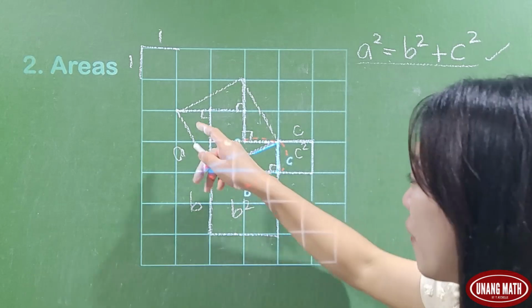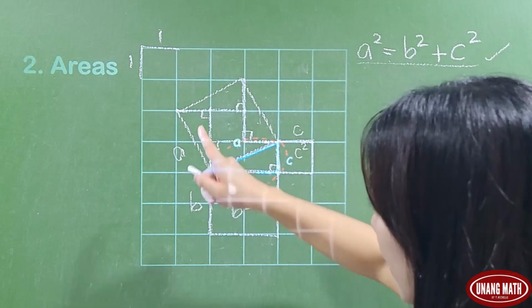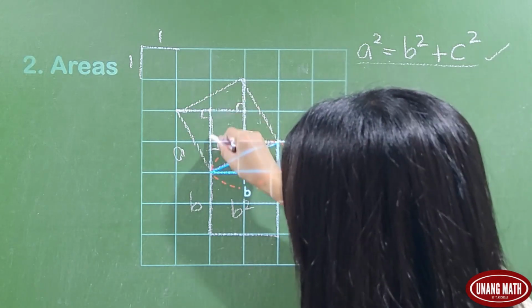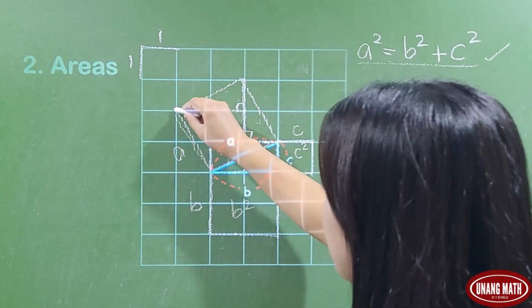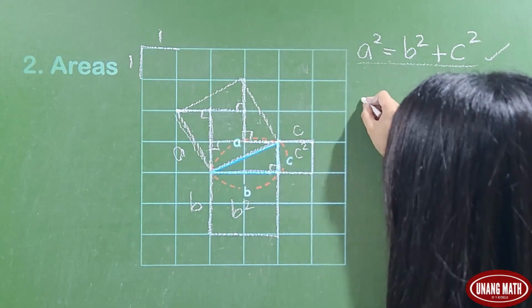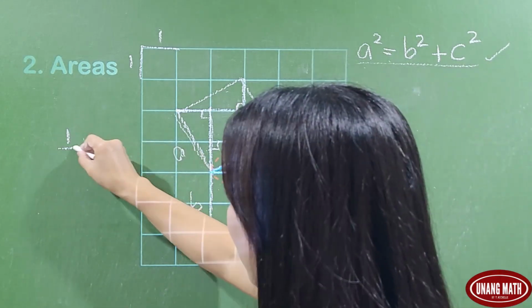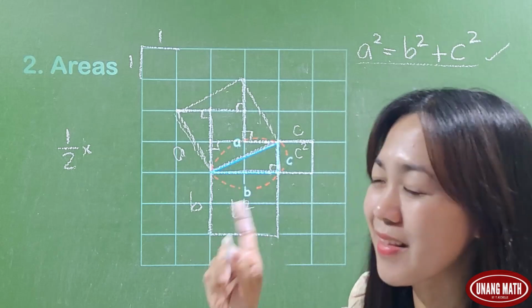To prove that one right triangle is equal to 1 square, take a look at this right triangle. To find the area of a right triangle, it's actually 1/2 times base times height.